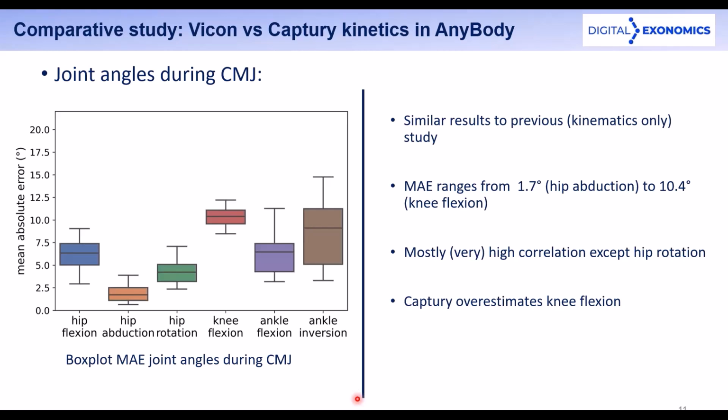And we see mostly very high correlation between the joint angles for both systems, except for hip rotation. But here again, it might be due to the problem where ankle inversion is actually shifted into hip rotation. And we have also noticed that Captury tends to overestimate knee flexion when compared to Vicon.